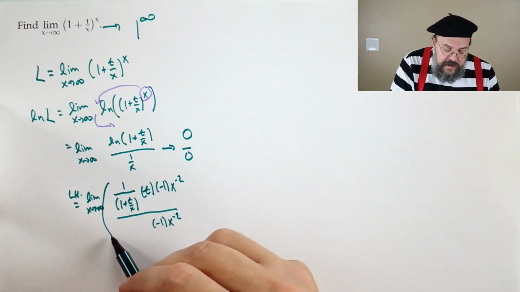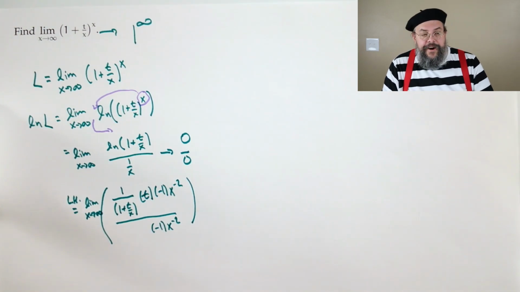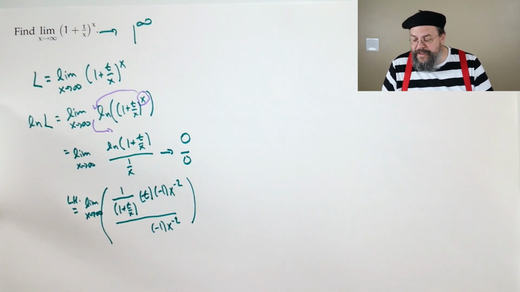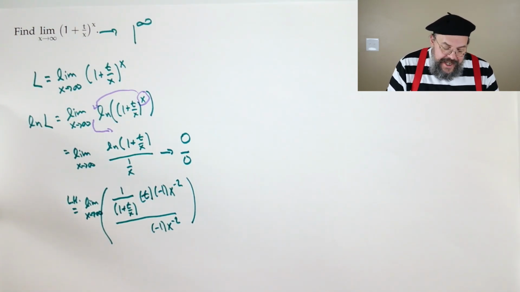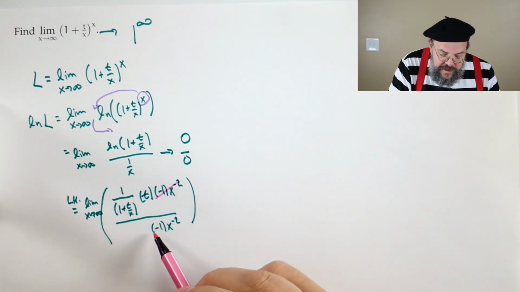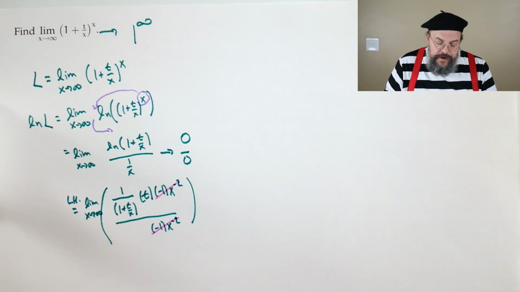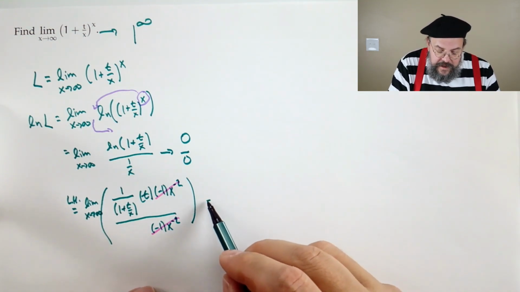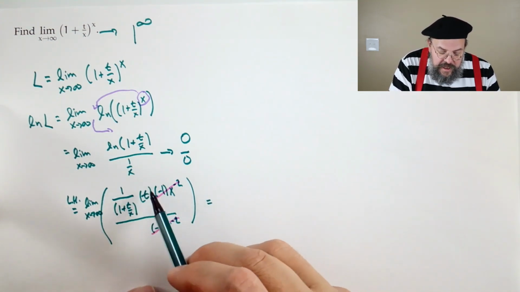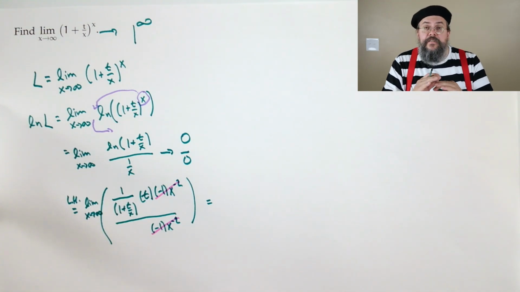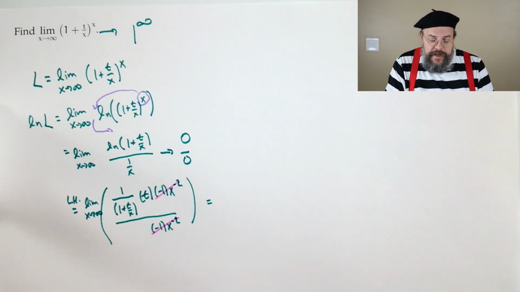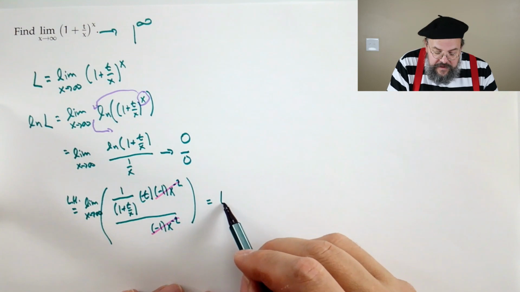Okay, so there's our L'Hopital. Now, some nice things happen. You can spot it, right? You see that negative 1 x to minus 2 is the same on the top and bottom. So what we really have is, look, we have this t. Now, t is a fixed value. It doesn't depend on our limit, so we can even pull it outside of our limit.